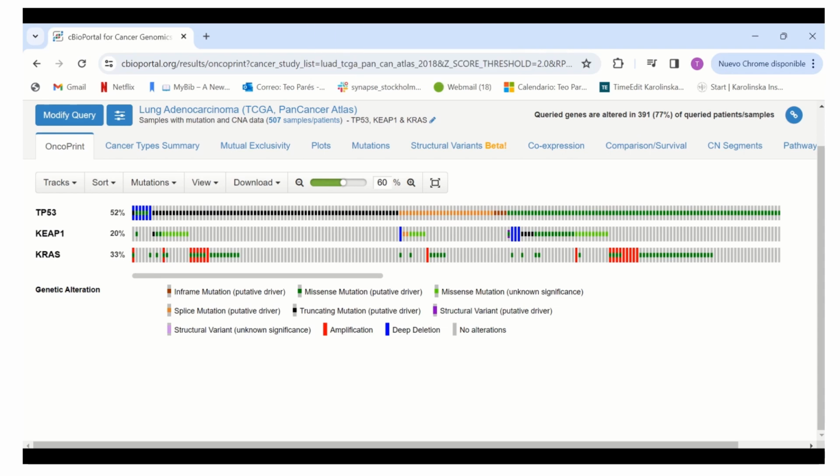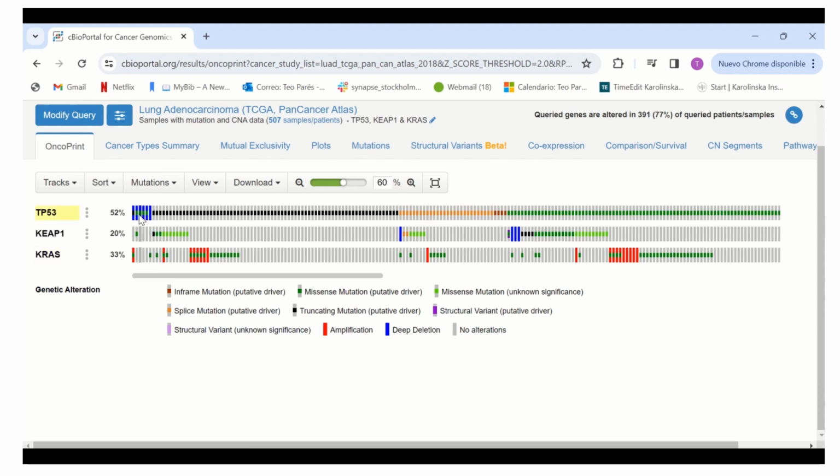So there are a lot of mutations in TP53. 52% of the samples have a mutation in TP53, then 20% of the samples have an alteration in the second gene, KEAP1, and 33% in KRAS. There is a mix of mutations, as can be seen.